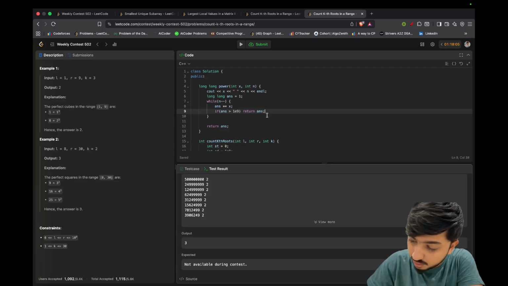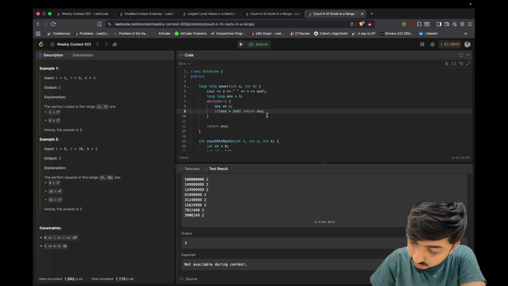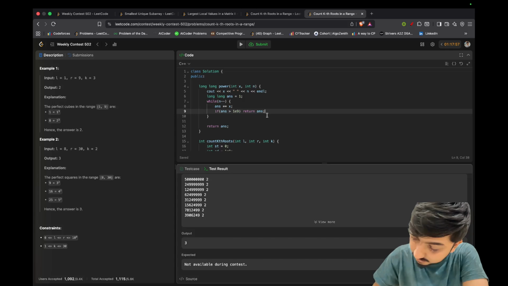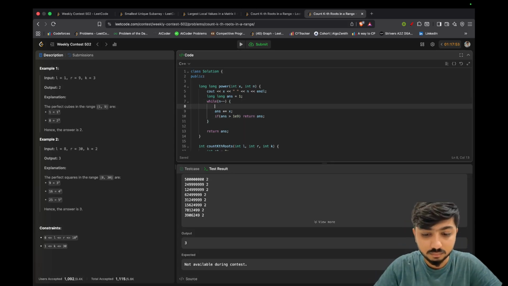I want answer into X is less than equal to 1E9. The answer is less than equal to 1E9 by X. If answer is greater than 1E9 by X, return answer.